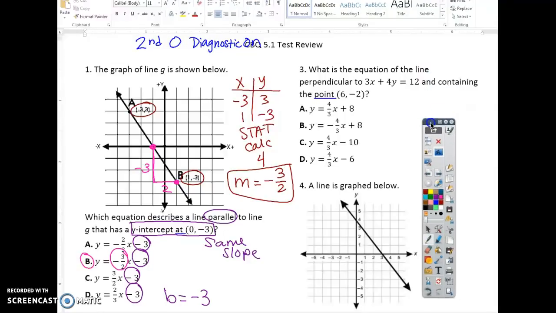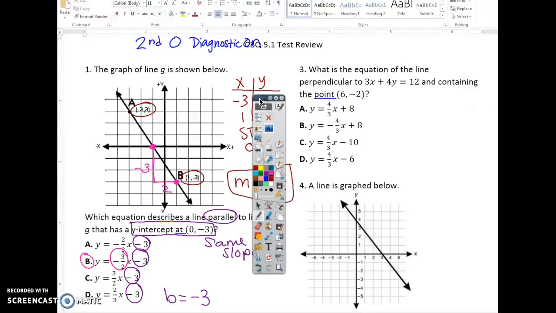Okay, problem number 3, you need to solve for y first because they gave you an equation in standard form. So solve for y. 3x plus 4y equals 12. What do you do first? Move the 3x over, change the sign, becomes minus 3x.